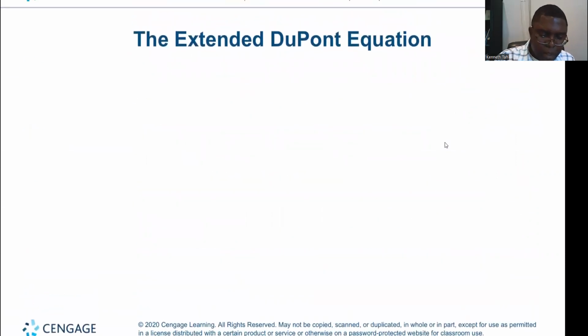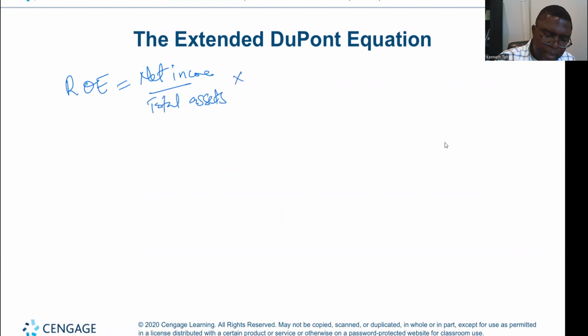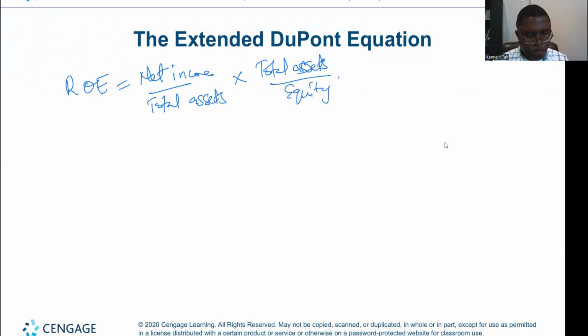we can pick up from what we have: return on equity, which we said is net income divided by total assets times total assets divided by equity. So we can break the second part even further.